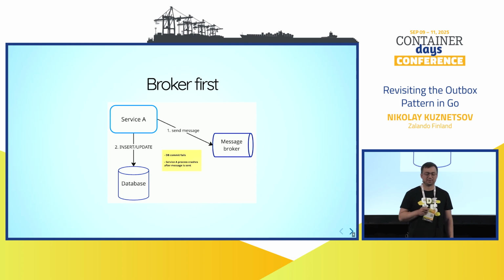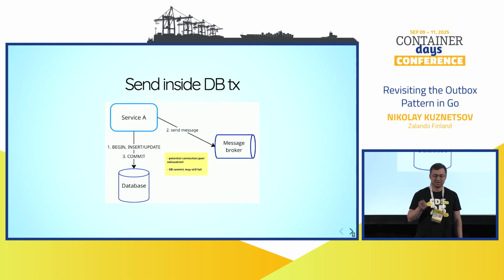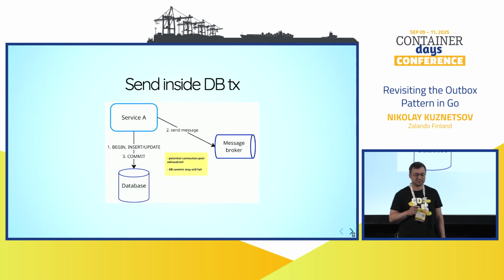Also the service A pod might crash after the message was sent to the message broker, but before it was stored to the database. We again end up in an inconsistent state and legal requirement violations.